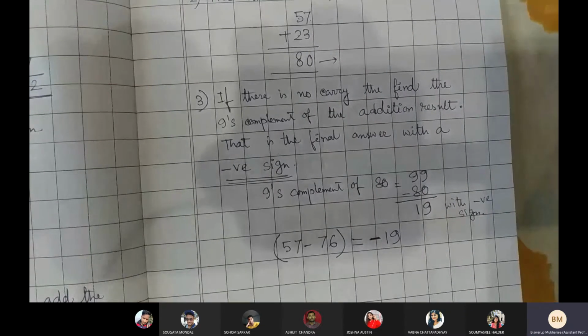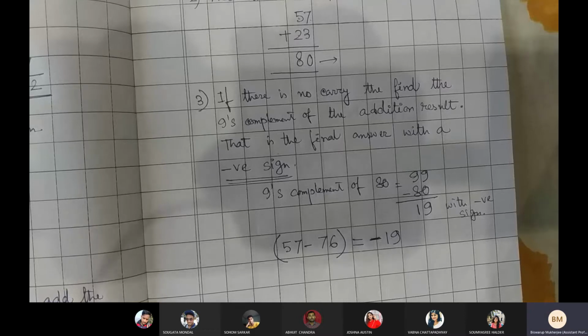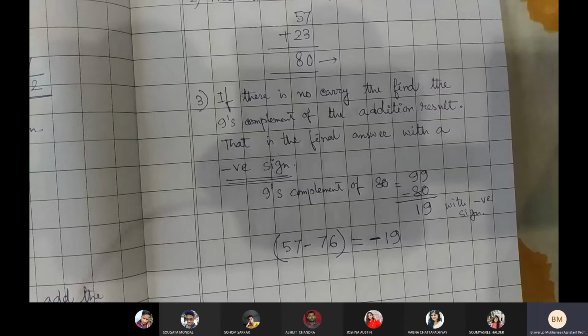So the process, again, I am mentioning the process. First of all, take the nines complement of the subtrahend, then add that nines complement with the minuend. The result may have carry or may not have carry. If there is carry, that is the first case we have got.